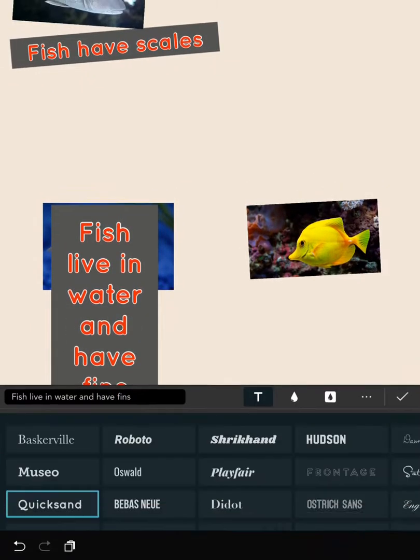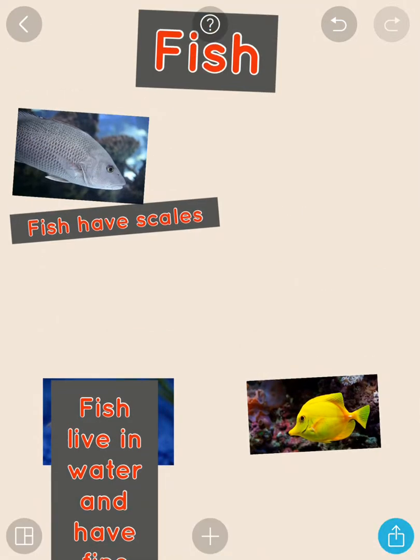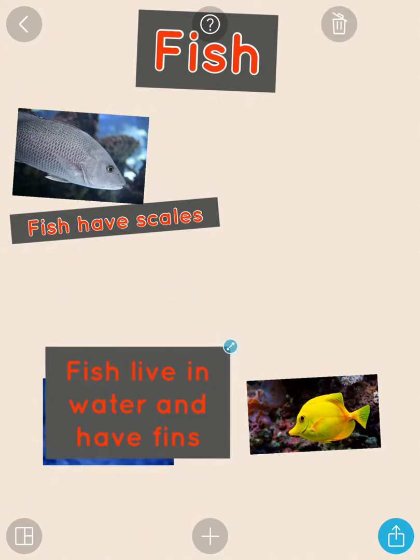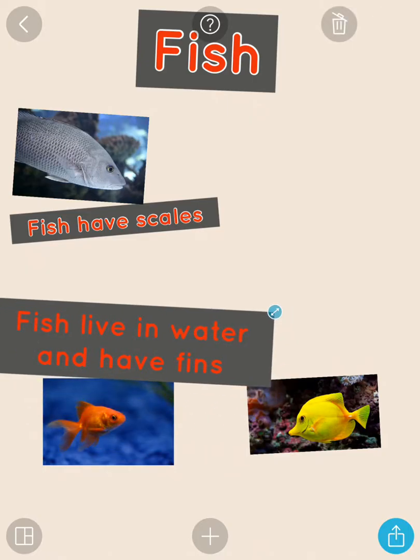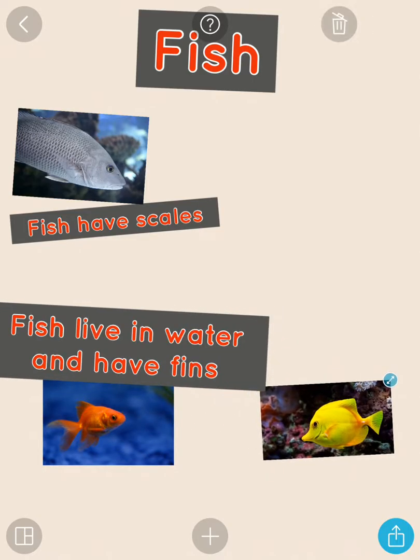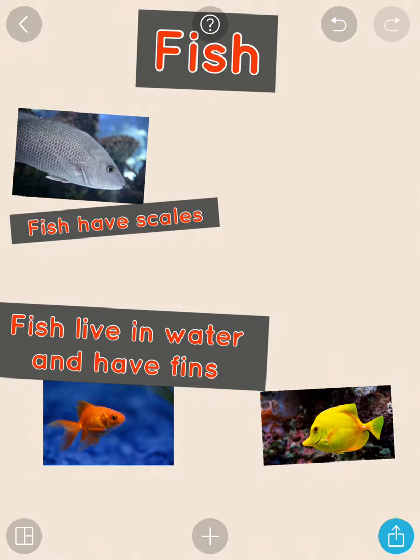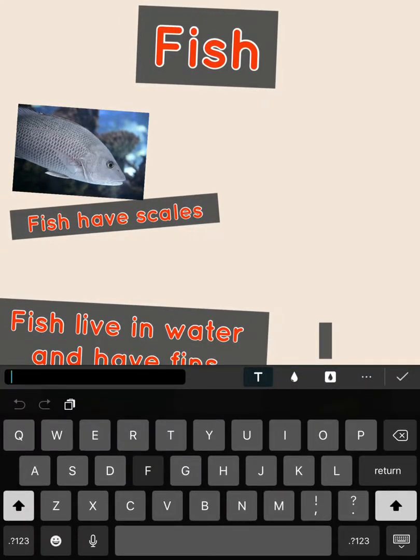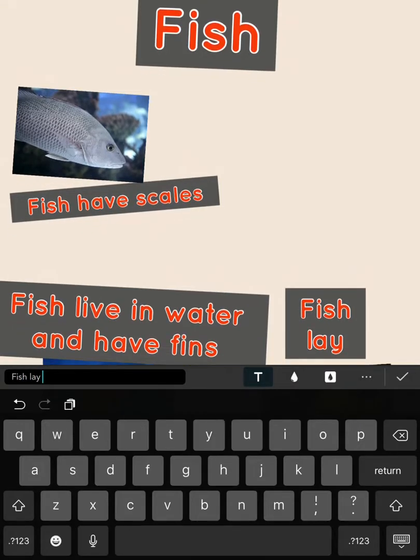That's one of the arms and legs facts that we were talking about, one of our facts about the animals. And for this one, I could say fish lay eggs and have gills. Fish lay eggs.